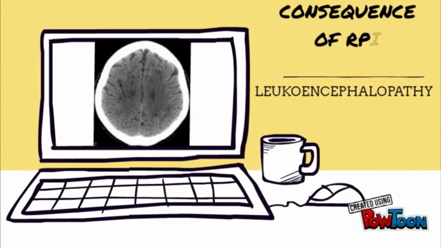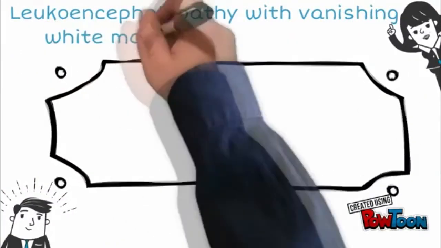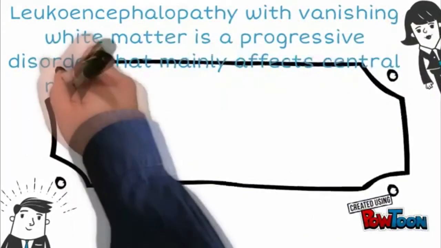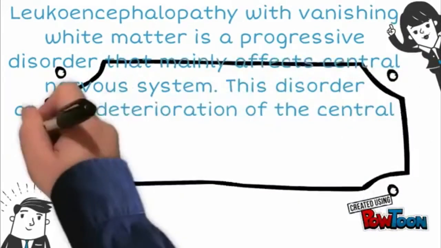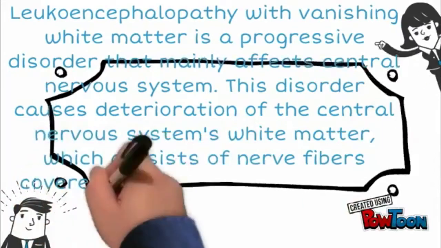As a consequence of the RPI disorder, a brain disease called leukoencephalopathy develops. Leukoencephalopathy, or vanishing white matter, is a progressive disorder that mainly affects the central nervous system. This disorder causes deterioration of the central nervous system's white matter, which consists of nerve fibers covered by myelin.